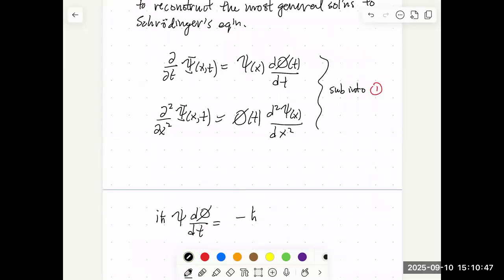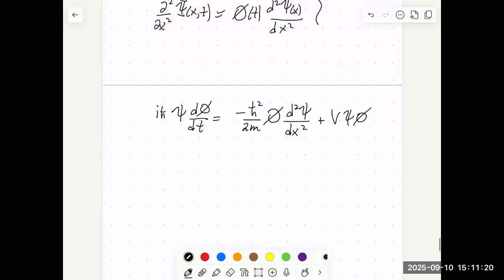And then on the right, there's a minus h bar squared over 2m, the kinetic energy term, and then two derivatives with respect to position gives us this. So we have phi d2 psi dx2, and then we had our potential energy term. So we just replace capital psi with lowercase psi and phi. Okay, good.